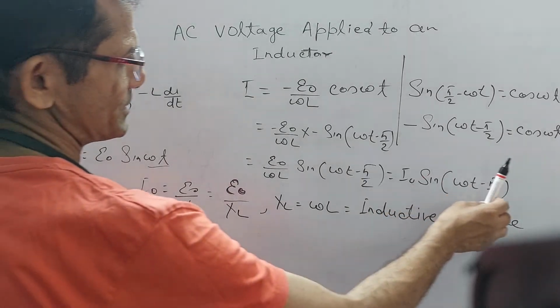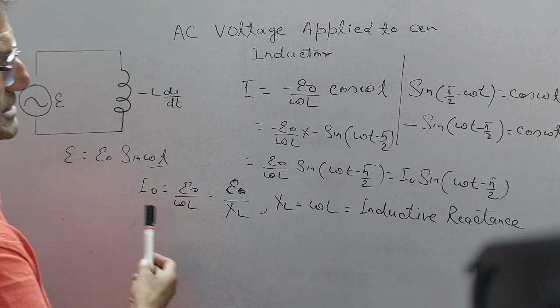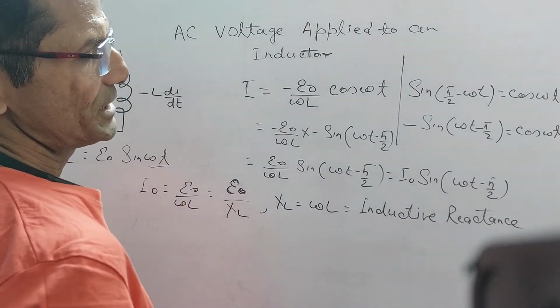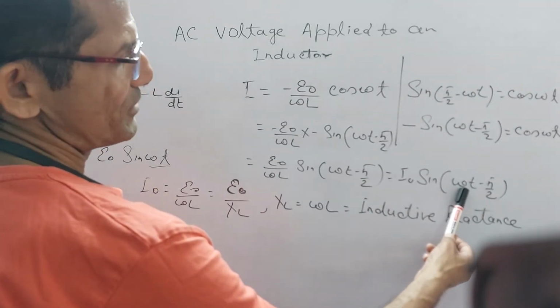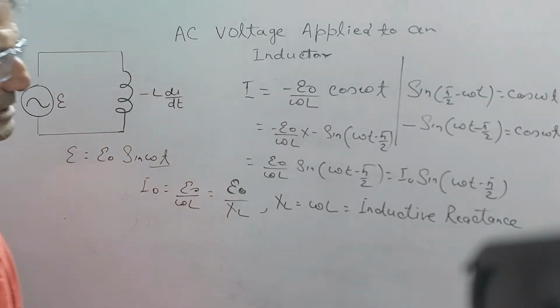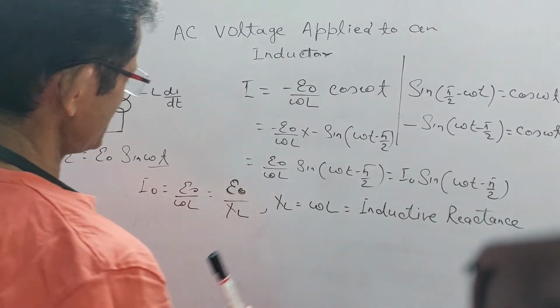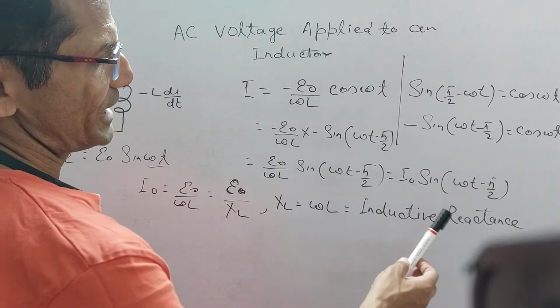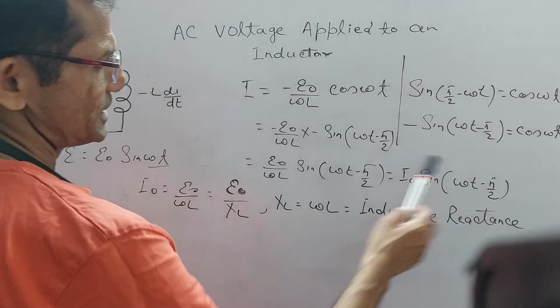To compare the AC voltage and the current passing through this circuit, the coefficient of omega t must be positive, only then can you compare. So the voltage leads by an angle of pi by 2. I can say that the current lags behind the voltage by an angle of pi by 2.